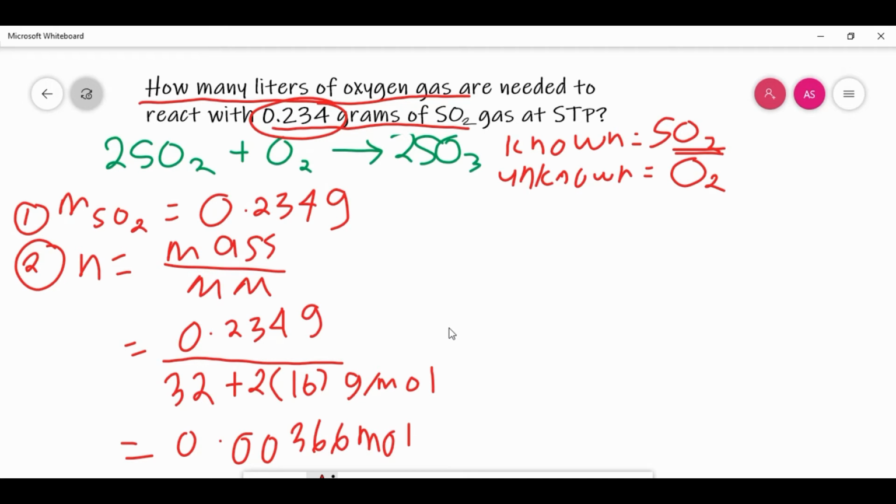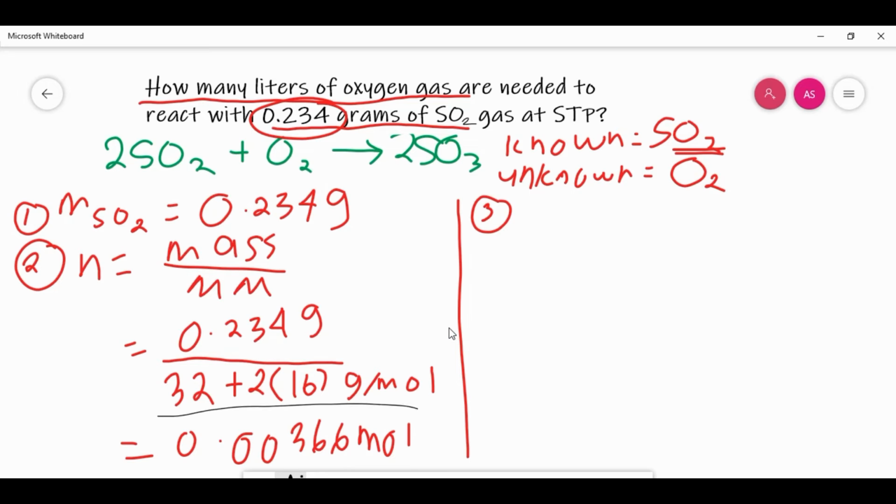So the third step is we have to find the number of mole for the unknown. Macam yang kita buat sebelum ni, untuk cari the number of mole for the unknown, we have to compare the mole from the given chemical equation and the mole calculated from step 2.